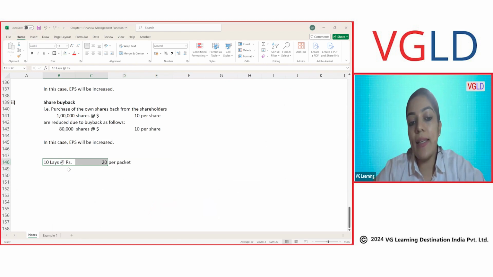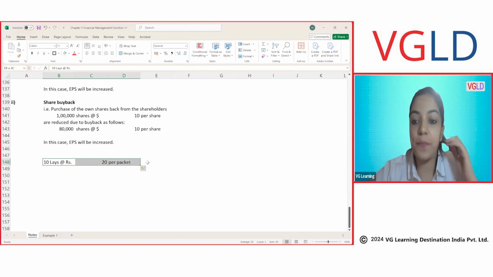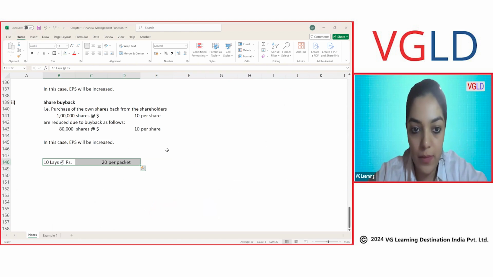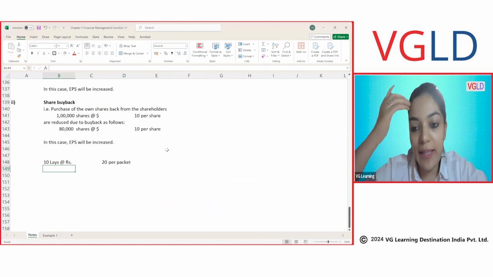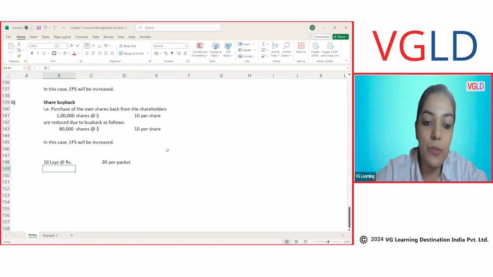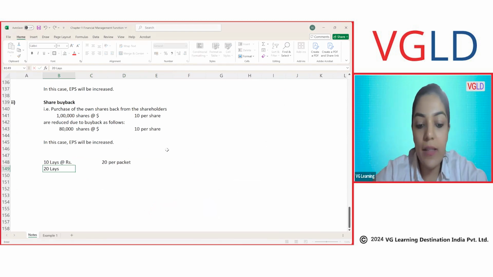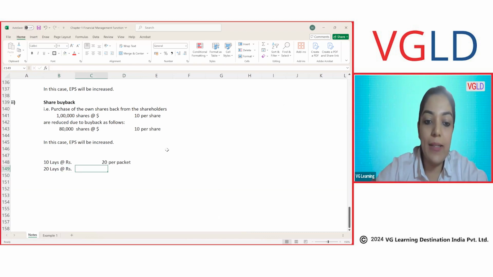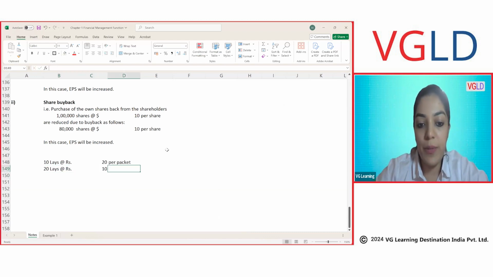So I give you, Shivani, 10 Lay's at 20 rupees per packet. And you tell me, ma'am, you have given me 10 Lay's, and I am giving you 20 Lay's. Let's say the grammage of each packet is proportionate. So I am giving you 20 Lay's packets at 10 rupees per packet.